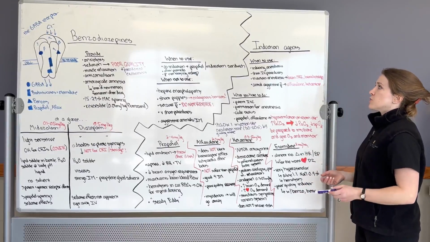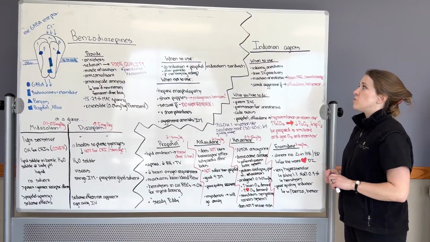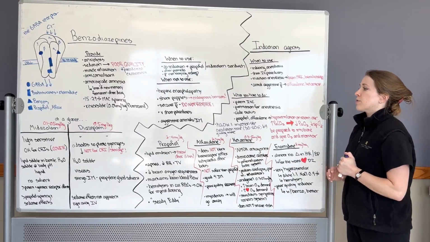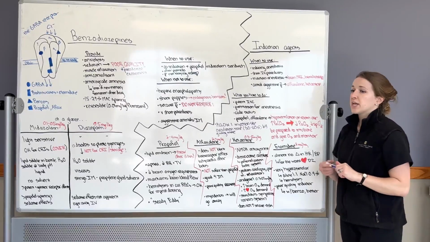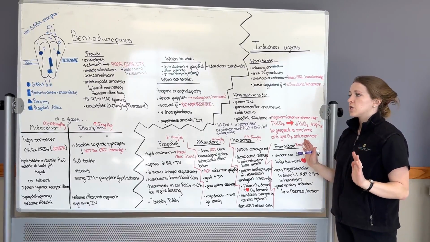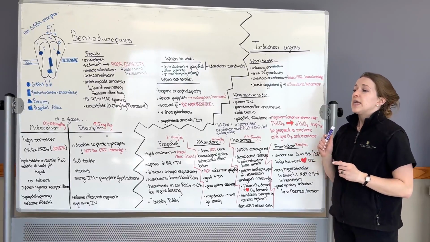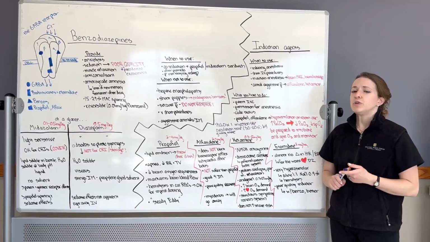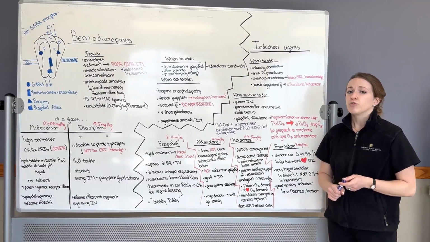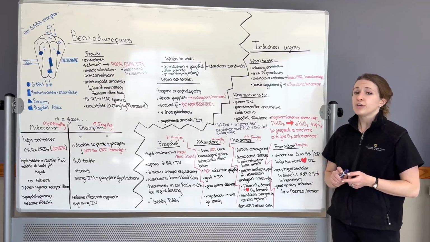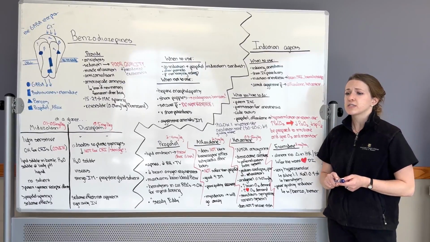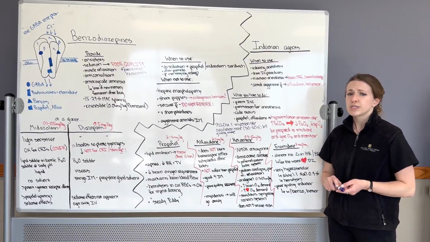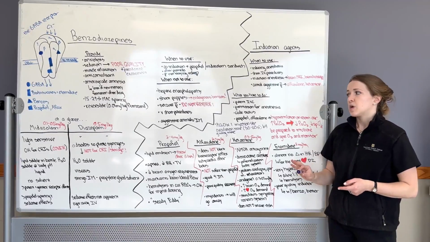So what are some things we have to do when we're planning to induce general anesthesia, or things that we're going to do when we're planning on using induction drugs? If you are giving these drugs IV, you need to have a patent IV catheter. The reason why I say this is because some of these drugs, when they're outside of the blood vessel, can cause tissue necrosis. Such a bummer. Do not want that.